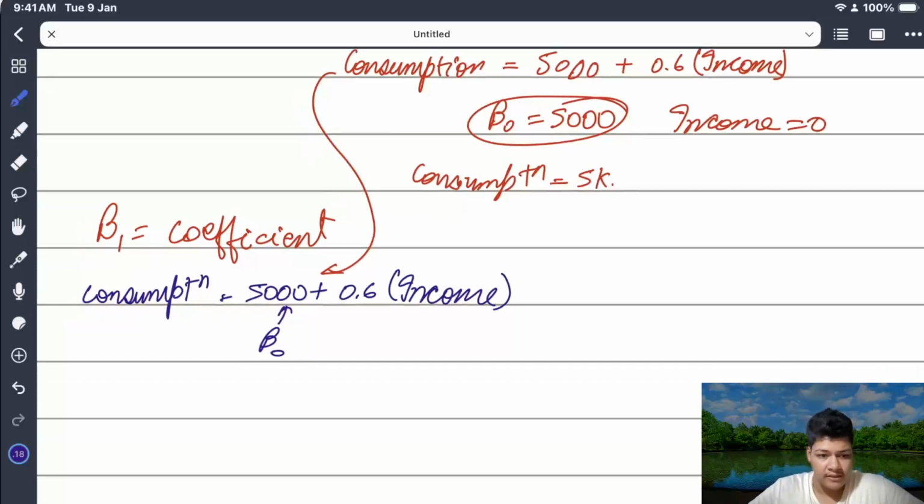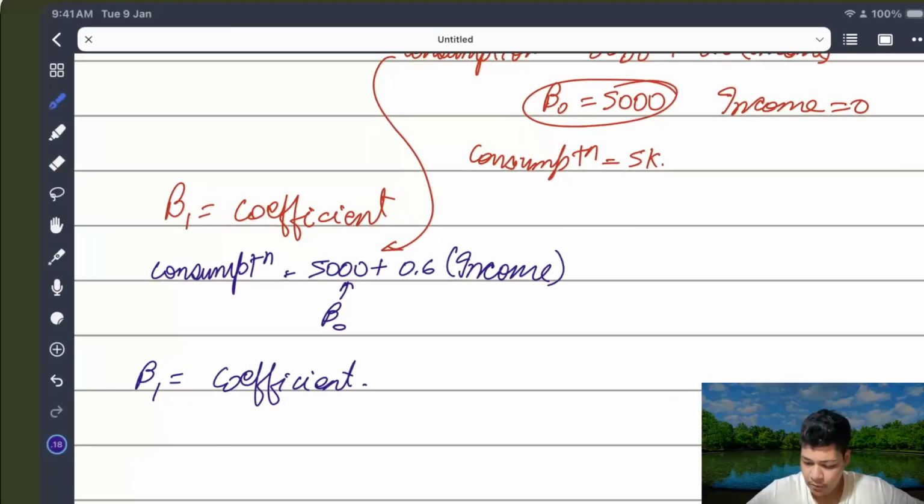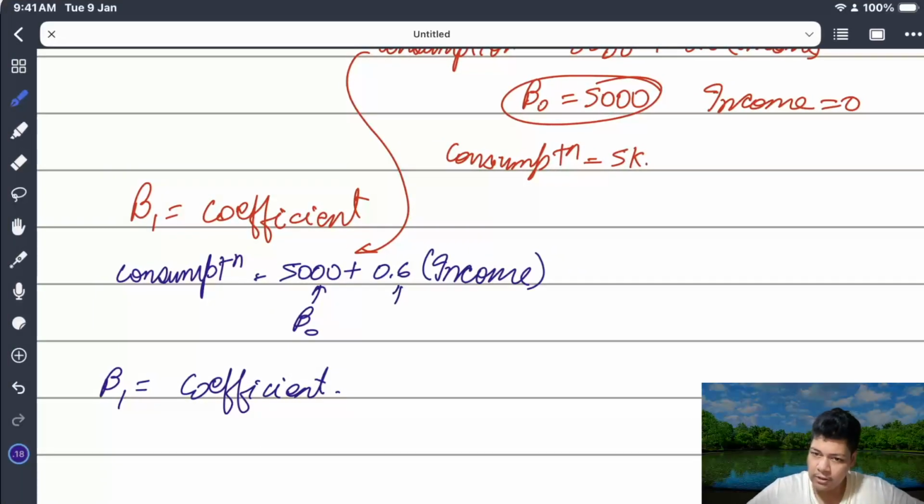Next, beta 1 is the coefficient. What does coefficient mean? If I put 0.6 here, that is the coefficient beta 1. If I put 0.7, 0.04 or 0.1, then my consumption changes. Suppose my income is 1,000 rupees, and if my coefficient changes, simultaneously my consumption will change.